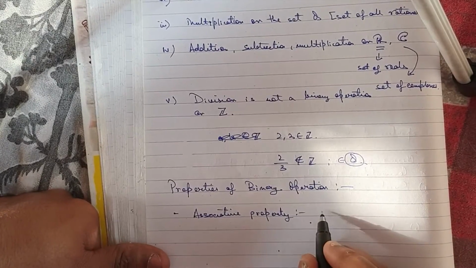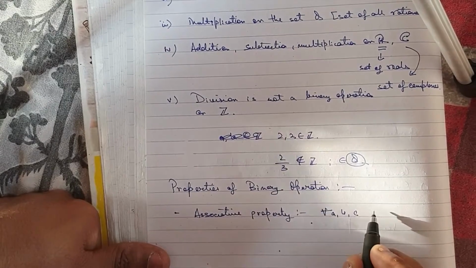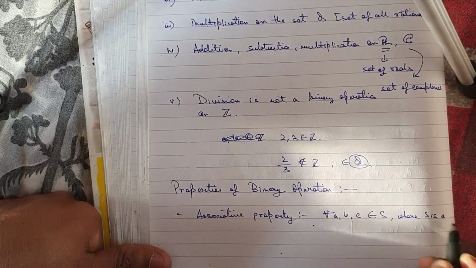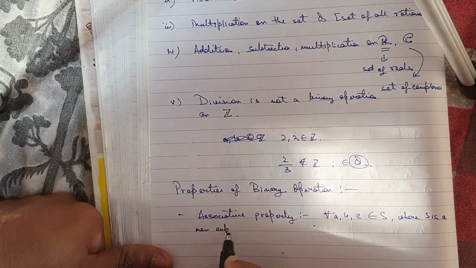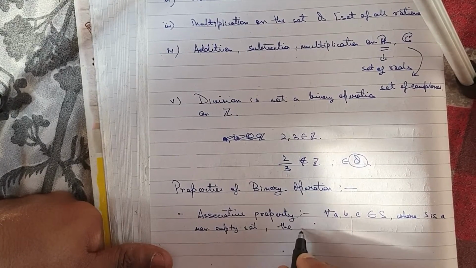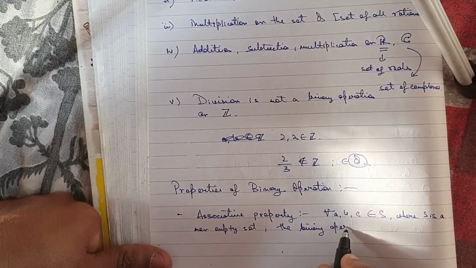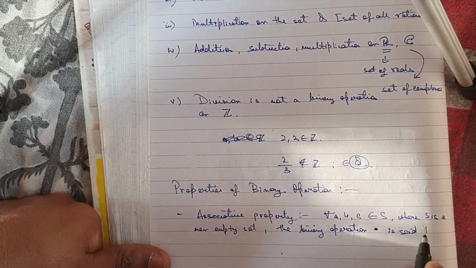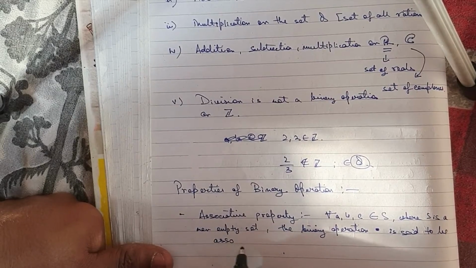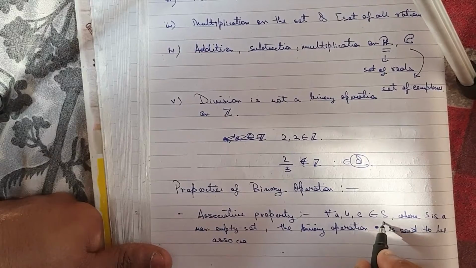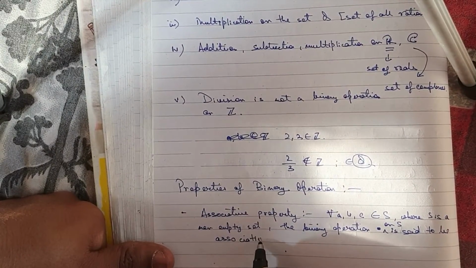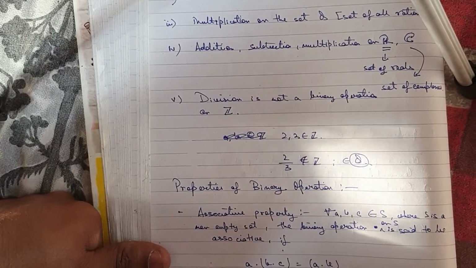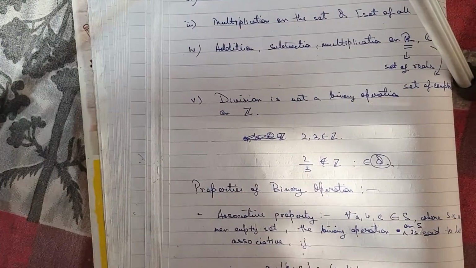Now what does associative property says? For all A, B, C belonging to S, where S is a non-empty set, the binary operation dot on S is said to be associative if A dot B dot C is equals to, okay, this is called the associative property.